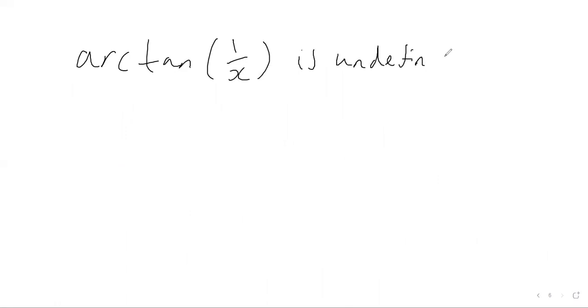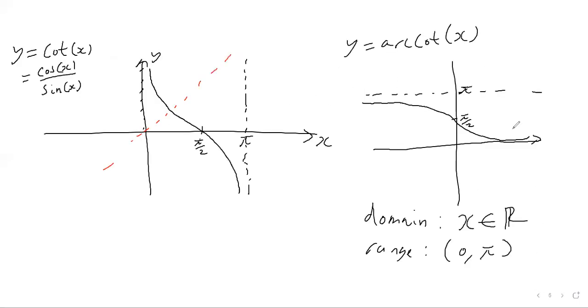But if we think about the arccot function, arccot of x is defined at x equals 0, and we can see by the graph that it's pi over 2.